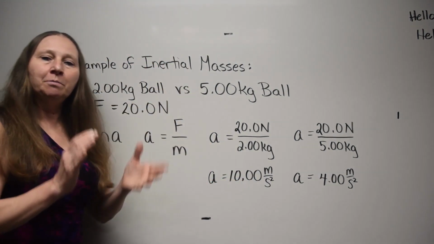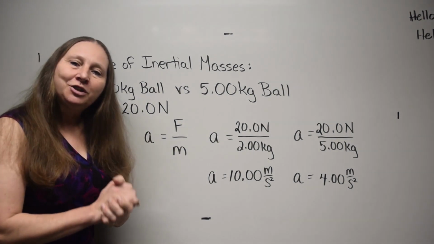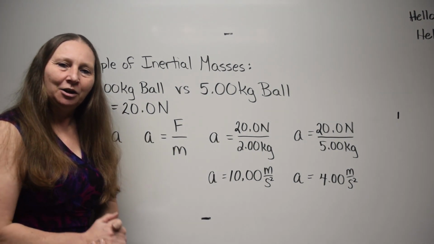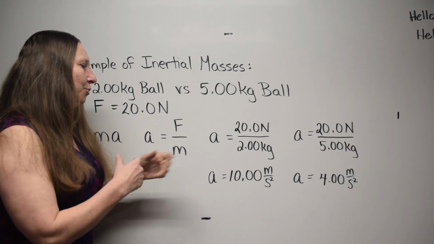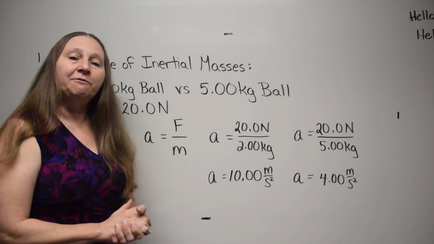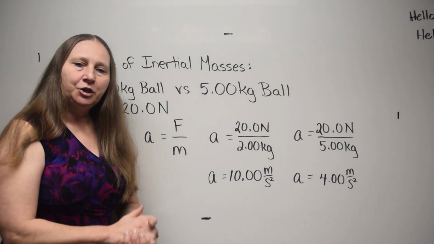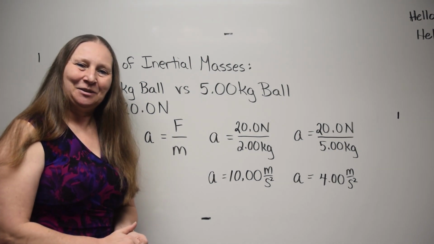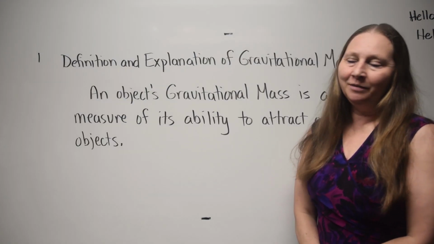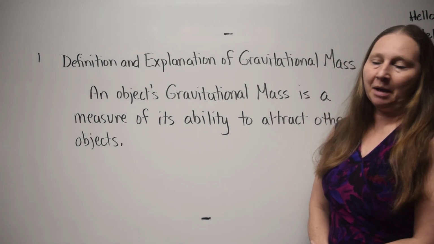So inertial mass, or just mass, is a resistance to acceleration. And this, 2 kilograms versus 5 kilograms, is the first physics way to define and explain what mass is.